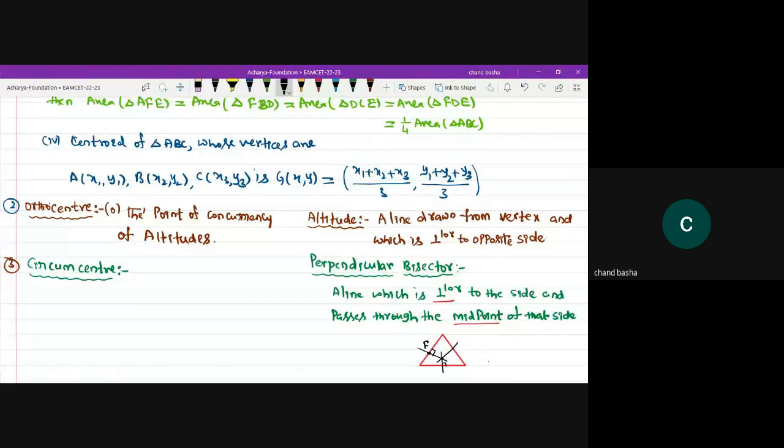They are perpendicular to that side and pass through the midpoint, and it is F. And it is called what? Circumcenter, and it is denoted by S. It is the point of concurrency of perpendicular bisectors.